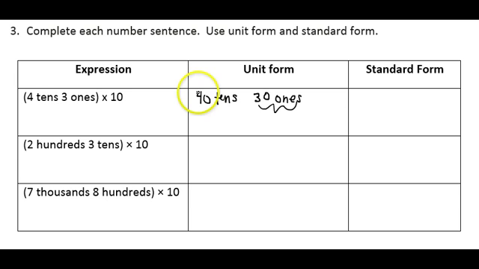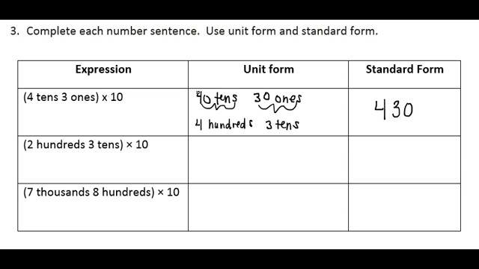Well, 30 ones is the same thing as 3 tens. 40 tens is the same thing as 4 hundreds. Now let's write 4 hundreds, 3 tens in standard form. 4 hundreds, 3 tens is the same thing as 430.